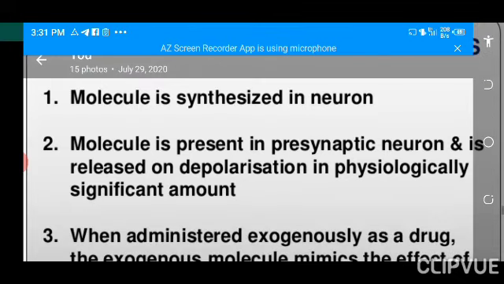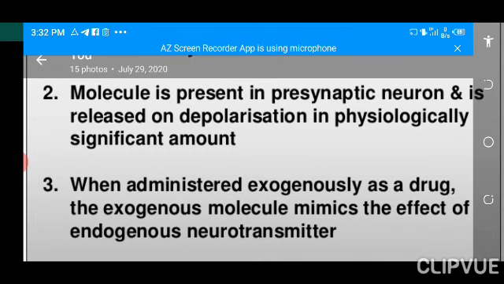Number 2, the molecule must be present at the presynaptic end, so that upon depolarization as a result of action potential, the molecule will be released into the synaptic cleft.